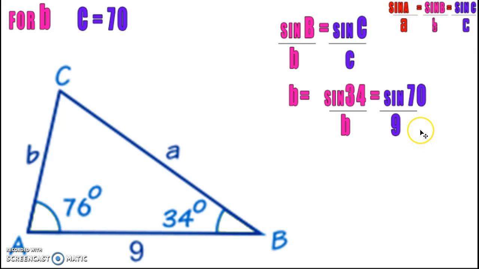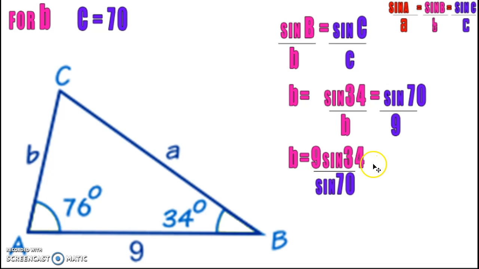Without showing the answer, 9 multiplied by sine 34 gives you 9 sine 34, and then sine 70 multiplied by b gives you sine 70. There's no multiplication there, it's just mental math. You put that 9 right in front of the sine, and that's your answer. So 9 sine 34 divided by sine 70 gives you 5.35, and that's your answer for B.